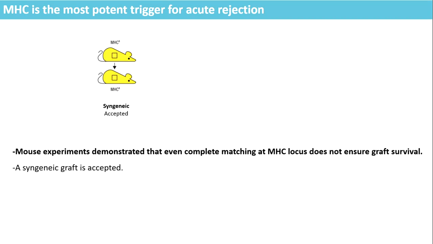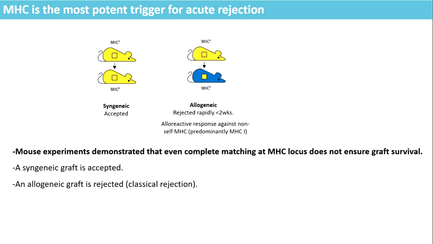So here we have two genetically identical mice, and we perform a syngeneic transplant. Obviously that graft is going to be accepted because they're genetically identical. If we perform an allograft, so we've got two different individuals, they've got different MHC. We'll get an acute rejection, within about 2 weeks, and the transplant will eventually be destroyed.